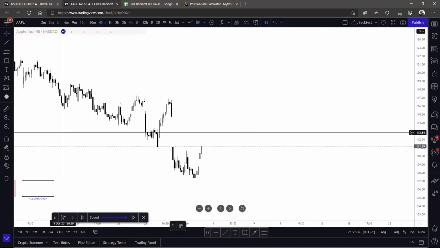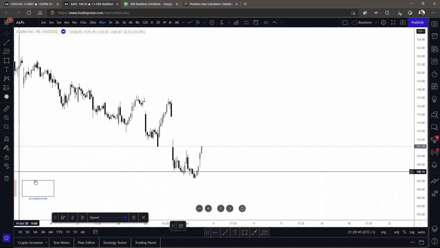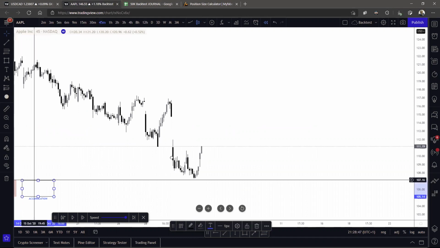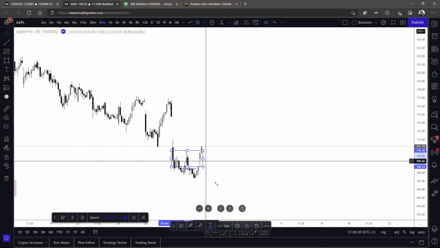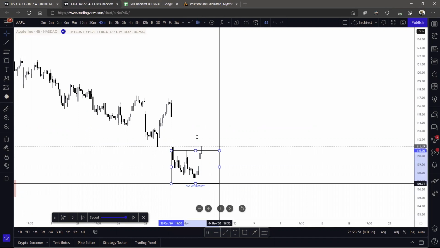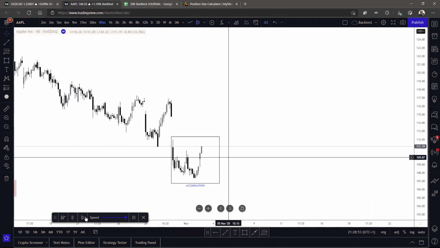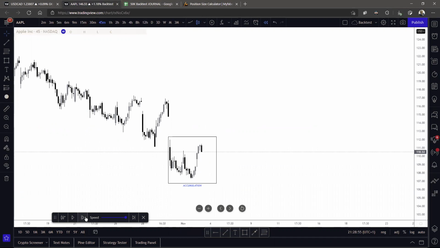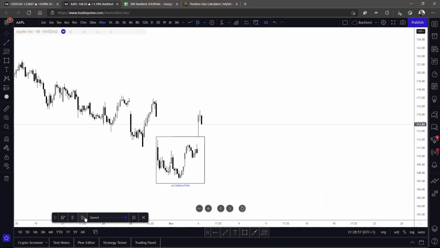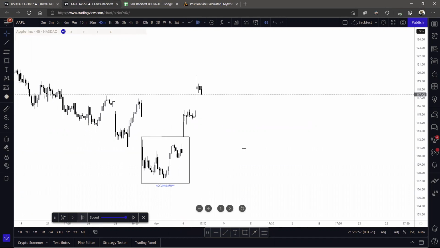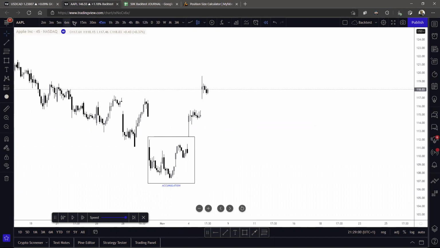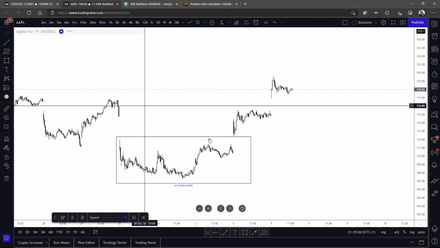Okay, and we can see the accumulation taking place, right? Now, whether we could have got in or not, let's find out.